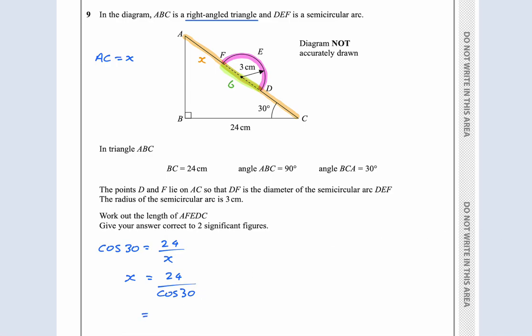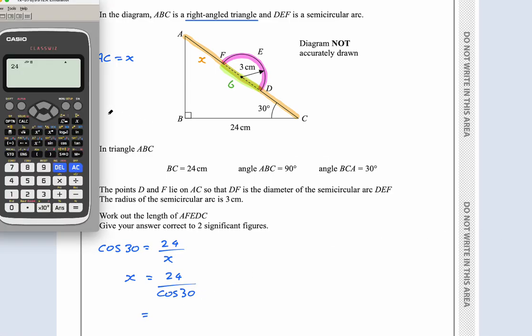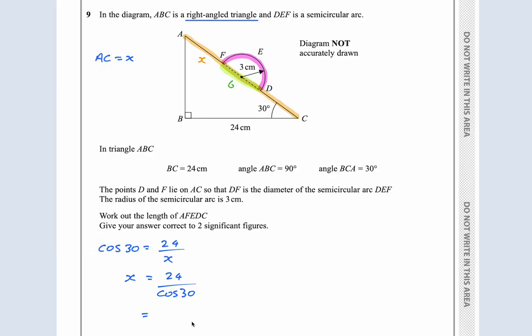Be careful. 24 divided by cos 30 equals, guys, I forgot to close the bracket. Always close your bracket. Is 16 root 3, or 27.713. Just put enough decimal places. Okay, so that's that length.